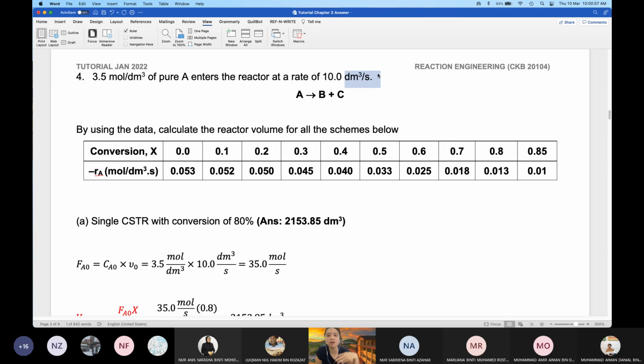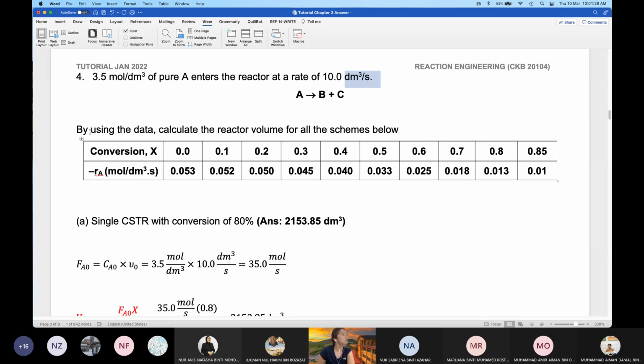Same concept: suppose you think this 10 is FA0, the whole question is wrong too. Or you think this 10 is CA0, the whole question is wrong too. So you cannot make this mistake. Check the unit, look at the dimension, be really sure. Okay, so done. We know CA0 is 3.5, V0 is 10.